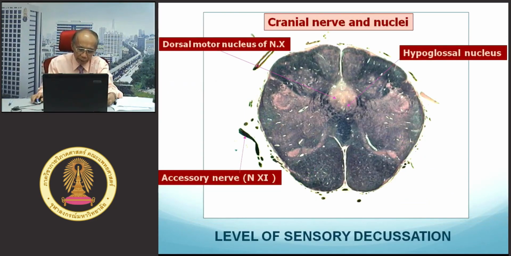The cranial nerves and nuclei include the hypoglossal nucleus, dorsal motor nucleus of the vagus nerve, and accessory nerve.